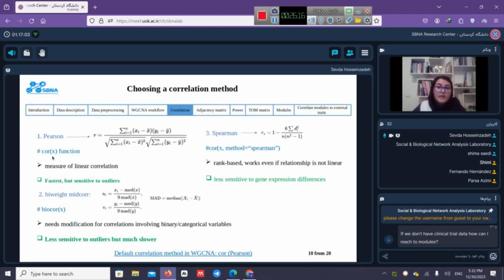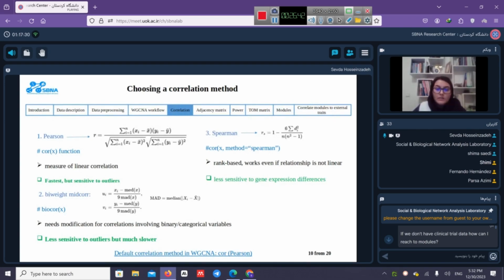Therefore, it's one of the suitable correlation methods for the WGCNA package. Based on Pearson, we can measure linear correlation. It is the fastest method but sensitive to outliers. But we will talk about the outliers. Don't worry about that, we can identify the outliers and remove them without a doubt.